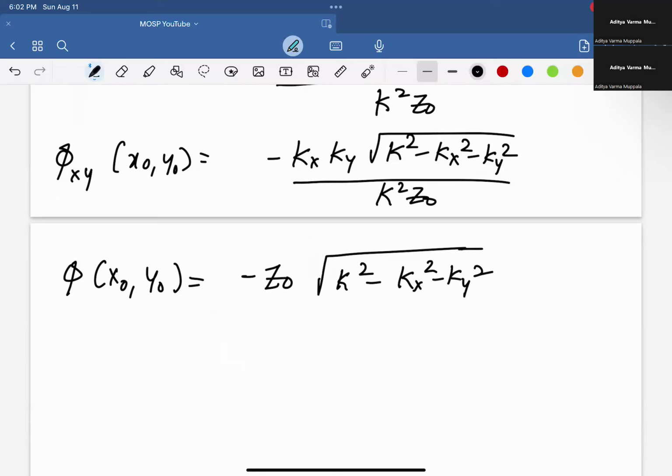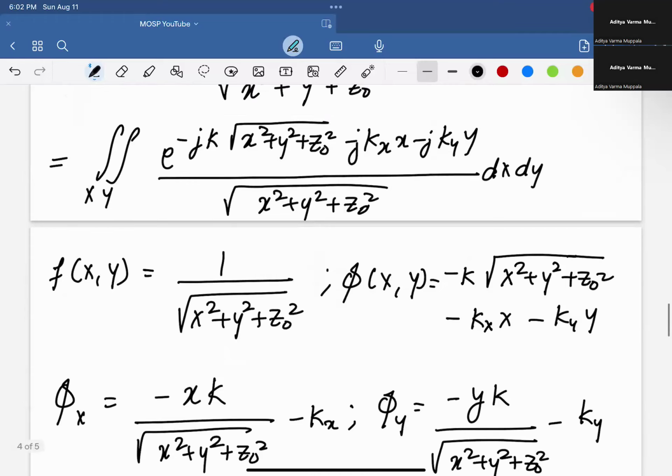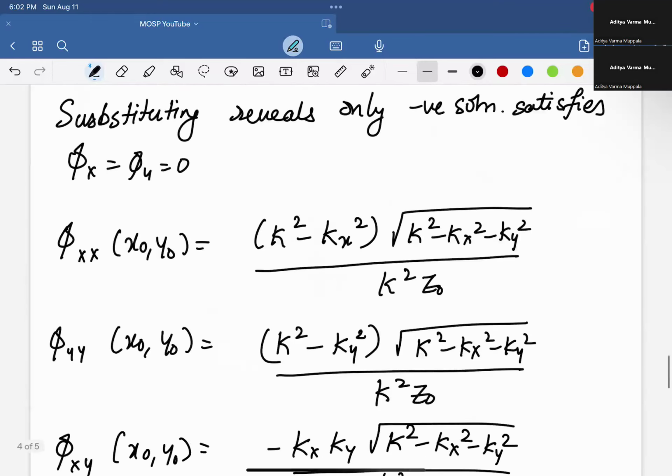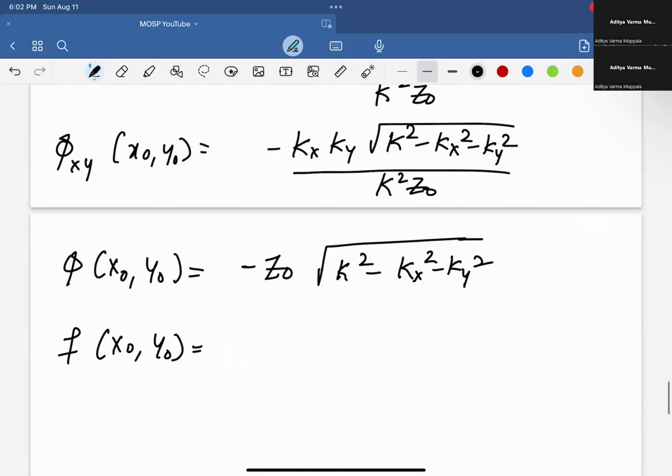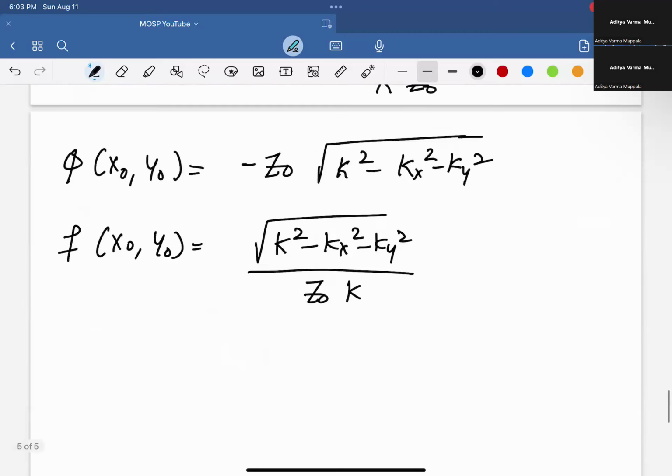And f evaluated at x naught, y naught, which is equal to, what was f? 1 over square root of x squared plus y squared plus z naught squared, right? So f at this value is square root of k squared minus kx squared minus ky squared over z naught k. Okay.